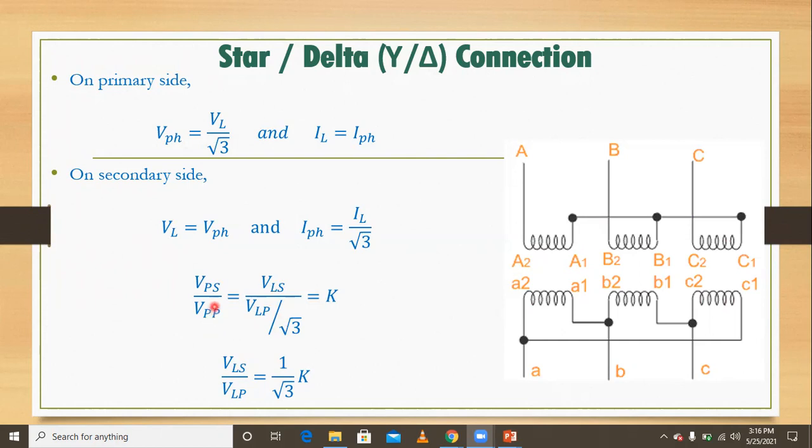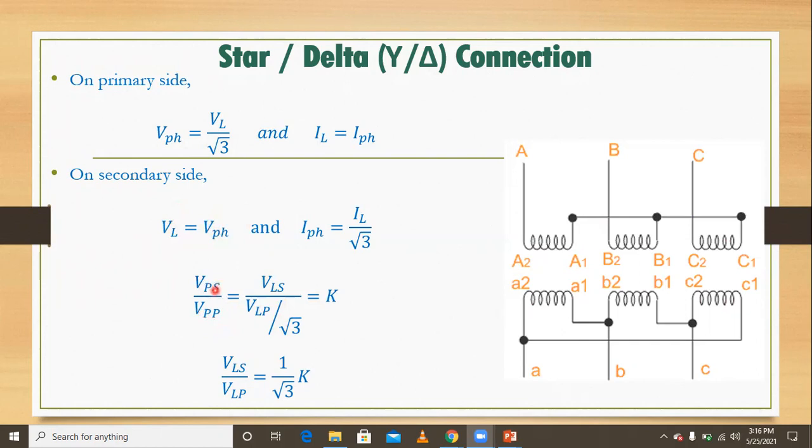So the secondary phase voltage is called VLS, because the secondary side load is connected in delta, that's why VL is equal to V phase, VLS. The primary phase voltage, P for primary and P for phase, is V2 by V1.